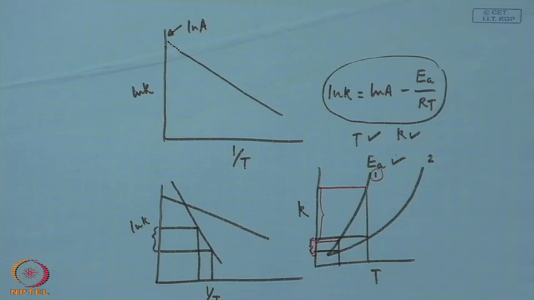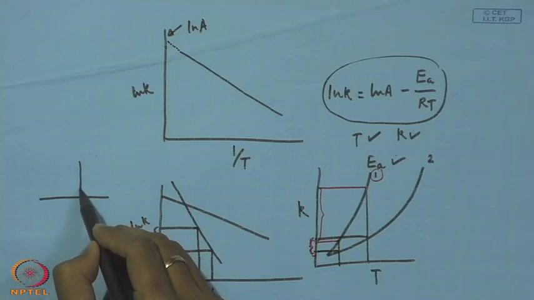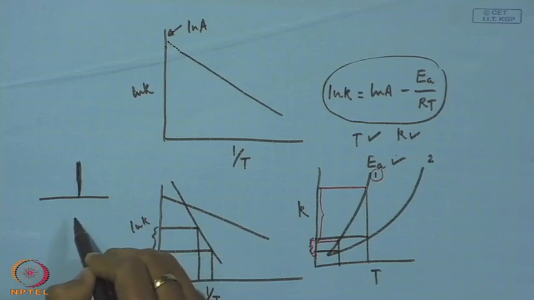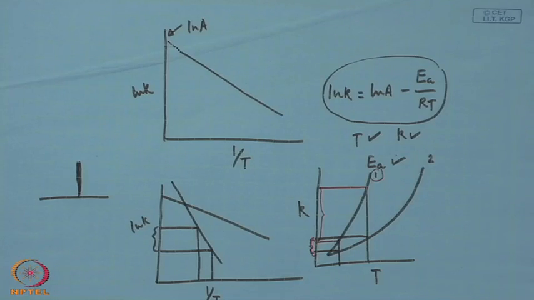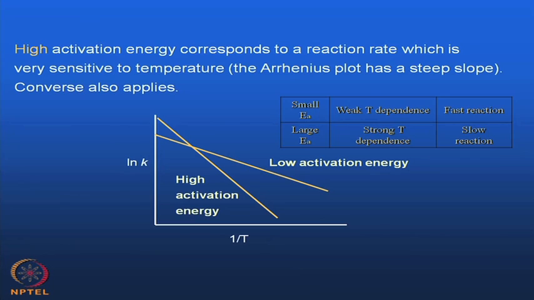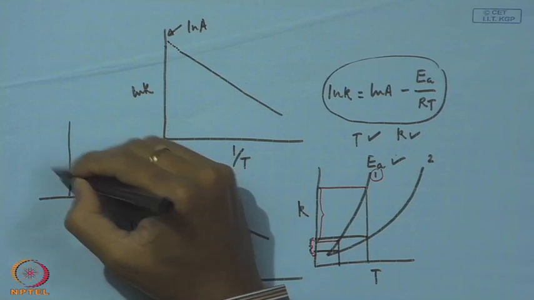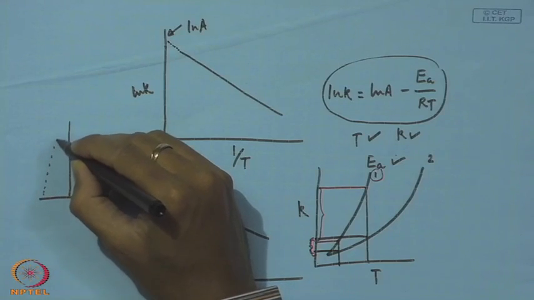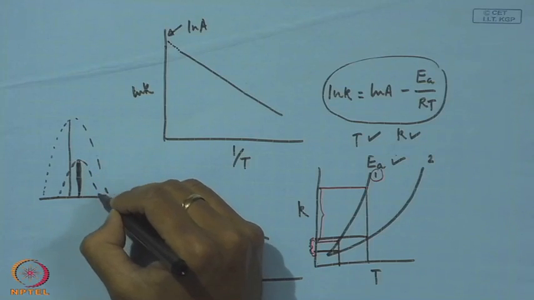Why faster? Again it can be stated in the same way: in that case the barrier height is less. But when the activation energy is high, although it corresponds to a reaction which is very sensitive to temperature, the reaction is slow, because the barrier height in the high activation energy case is high. So it requires a high amount of energy to cross this barrier, but here it requires less energy to cross the barrier.